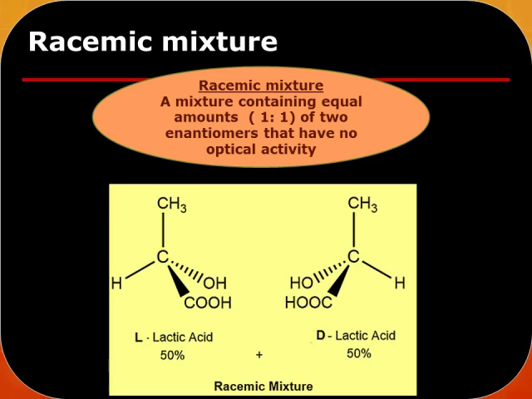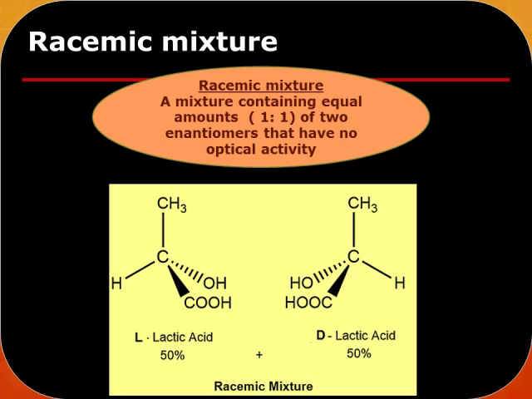Okay, here is an example. One is L-lactic acid, another one is D-lactic acid. Both exist in equal amounts, 50% and 50%. Any compound or mixture that has both enantiomers in equal amounts is called a racemic mixture.